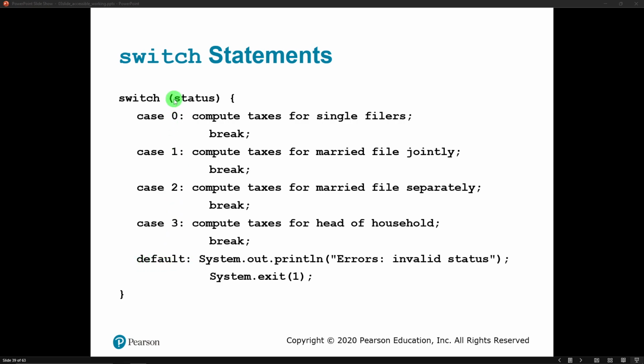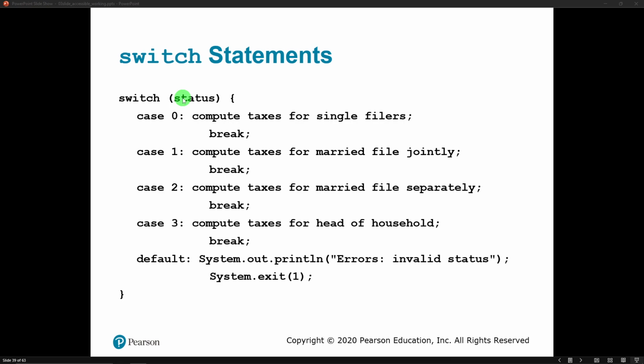Okay, so status, or anything that's in a switch statement for that matter, has to be of a certain type. In this case, we're checking integers. So status is obviously an integer because we're comparing it to integers here. Switch statements can only be used with chars and strings, which we're going to be learning about in chapter 5, byte, which is a type of integer, short, which is a type of integer, or ints.